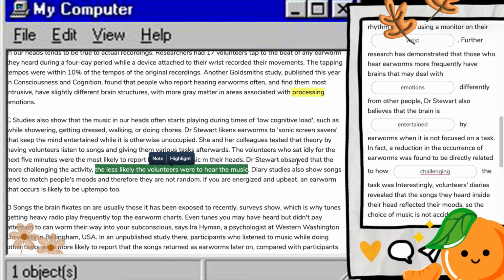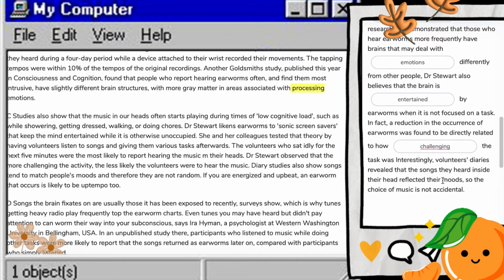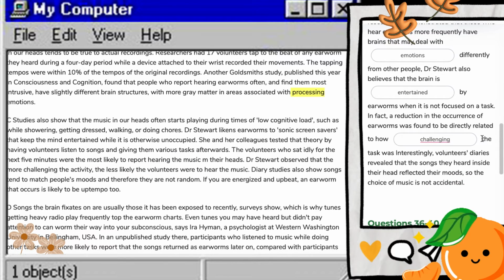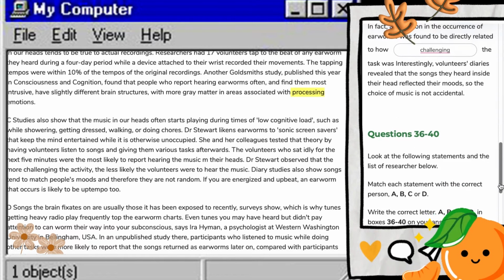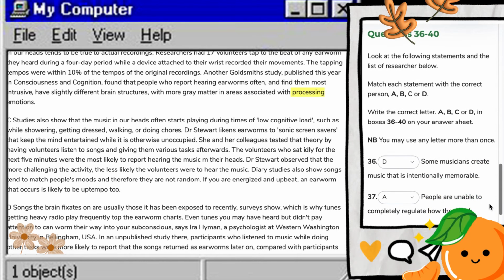Dr. Stewart observed that the more challenging the activity, so the missing word here is challenging, and that is done for this question. You don't have to read a lot of this blah blah at the end. It would be such a waste of time. Move on to the next question immediately.